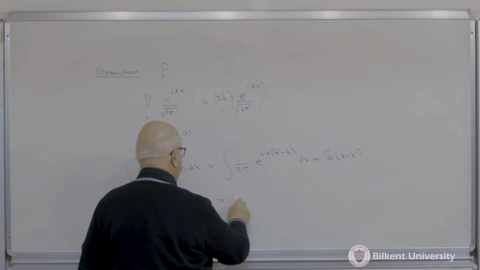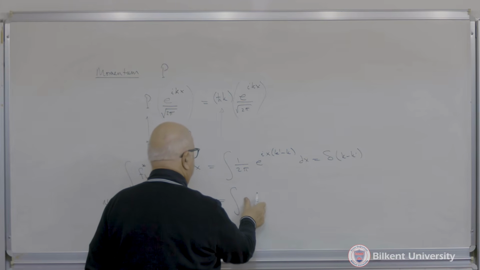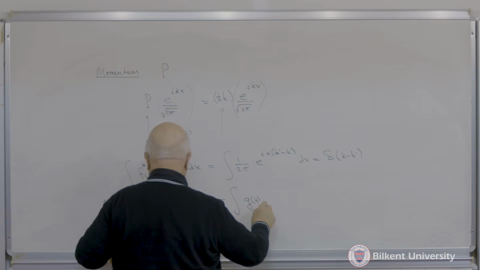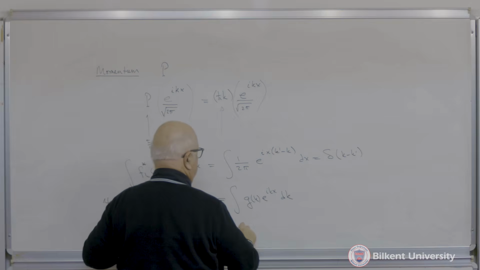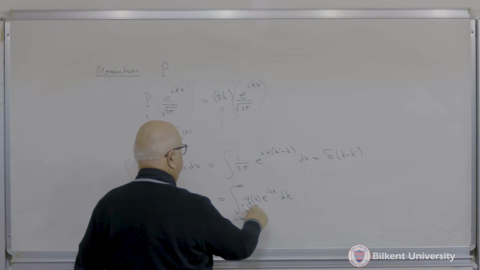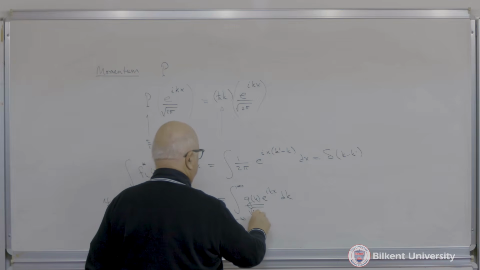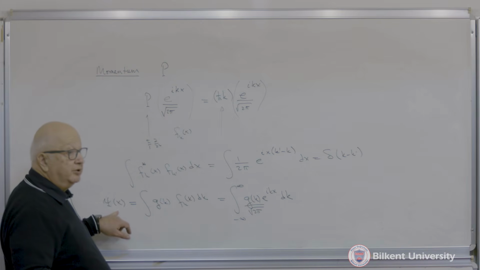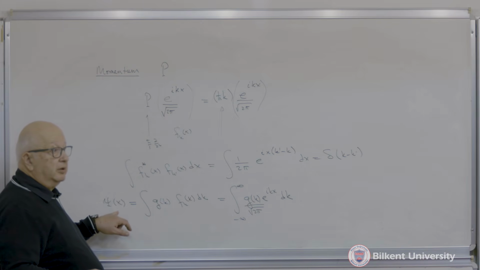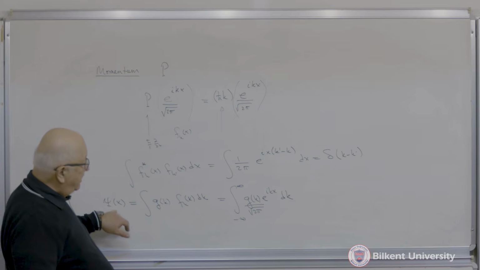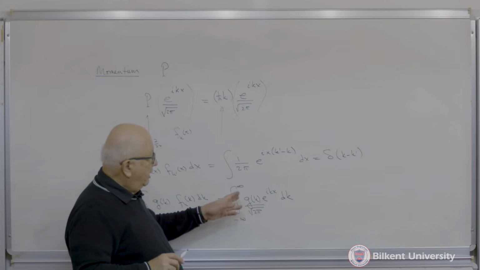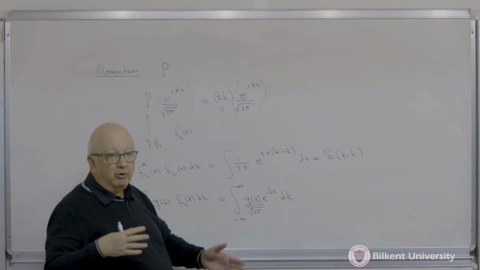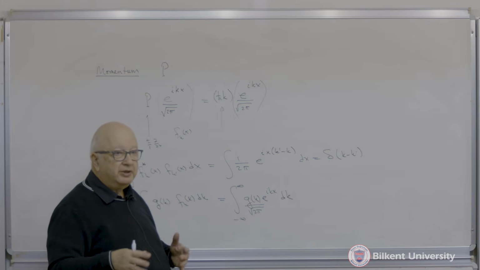So I'm going to get g of k e to the i kx dk, minus infinity to infinity, divided by root 2 pi, as my expansion. So this is now my expansion in terms of momentum eigenstates. And we know how this works. This is the Fourier transform, so we know how to find what g of k is and such things.